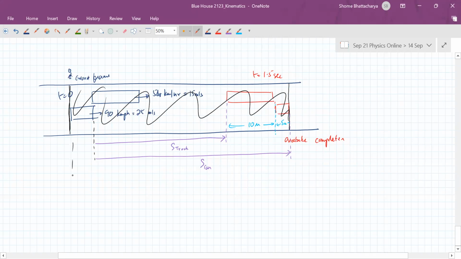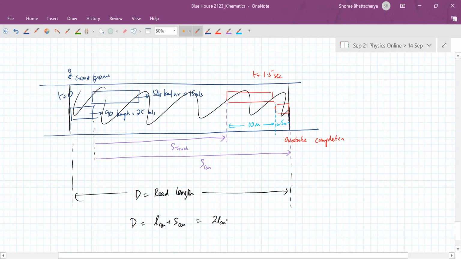So this is, let's say, T, which is the road length that is occupied by this system from 0 up till 1.5 seconds. Okay. So you can see that it can be written as the length of the car plus the displacement of the car, or it can be written as twice the length of the car plus the length of the truck plus the displacement of the truck. So the length of the car is 5 meters.